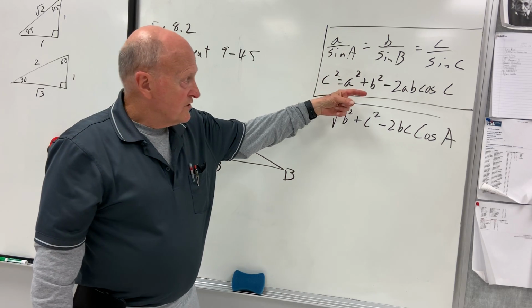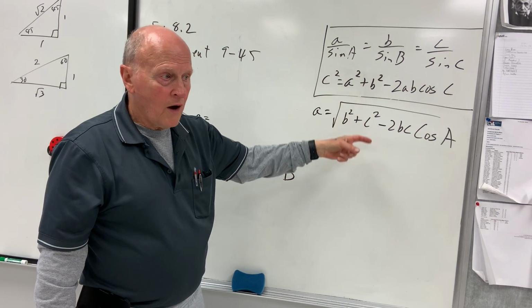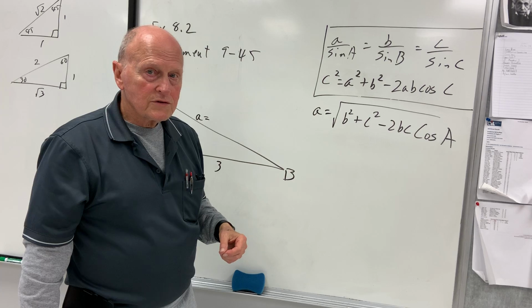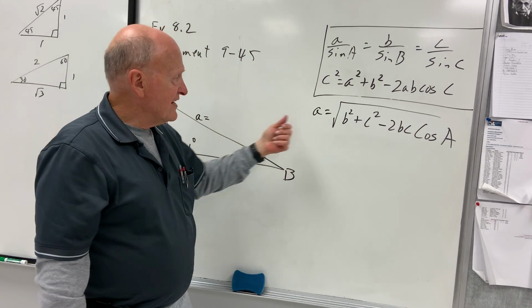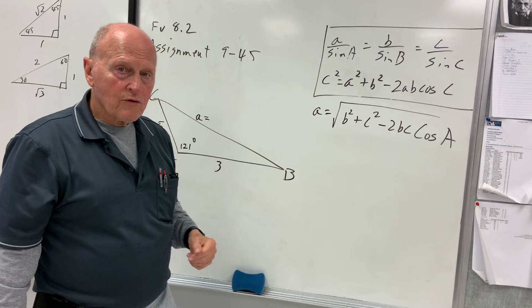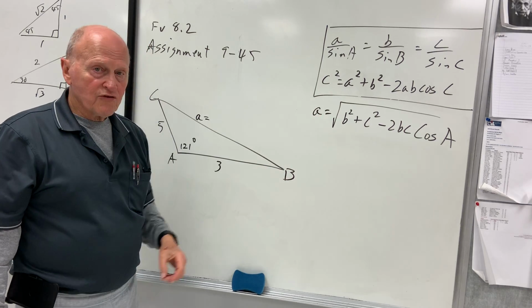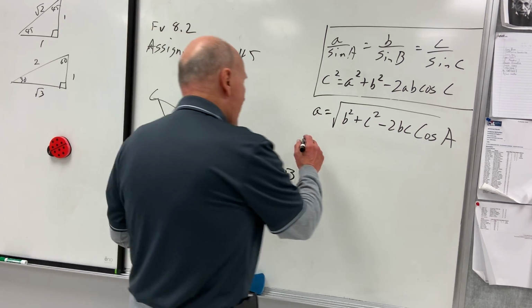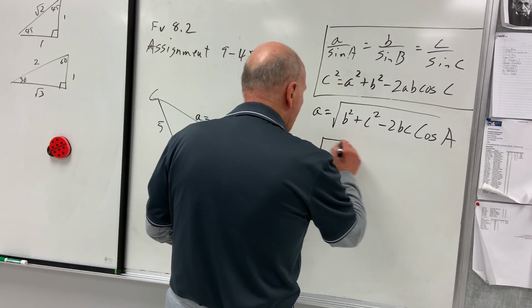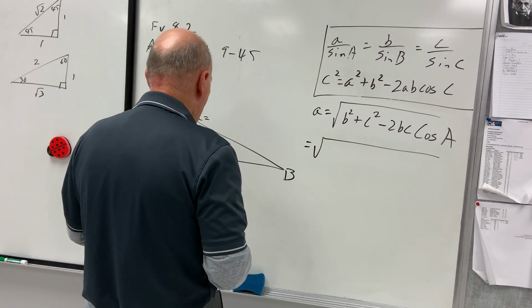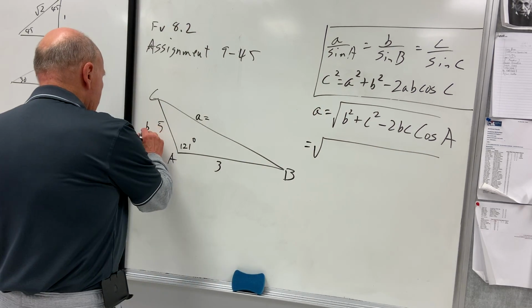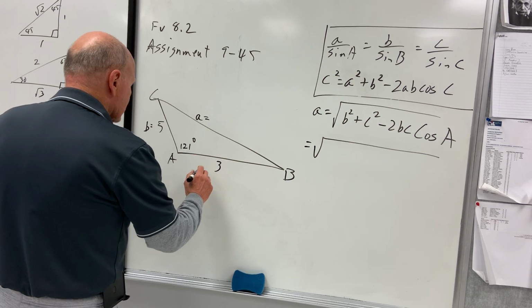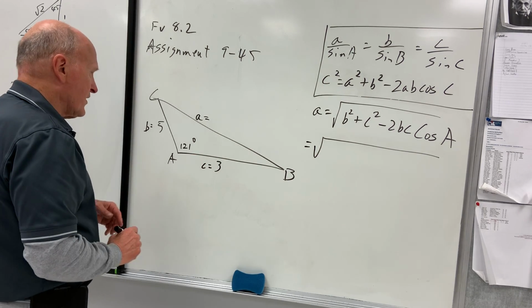We memorize this rule, we know all 3 law of cosine rules. If I'm looking for a side, I'd prefer to just go ahead and write it with the square root on there instead of putting the a squared here. So we have, for a, the square root of b squared. I see that little b is equal to 5. I see that little c is equal to 3.